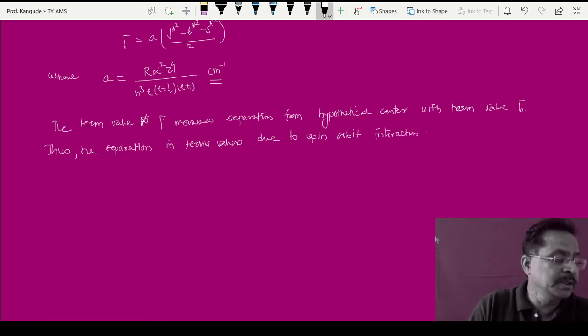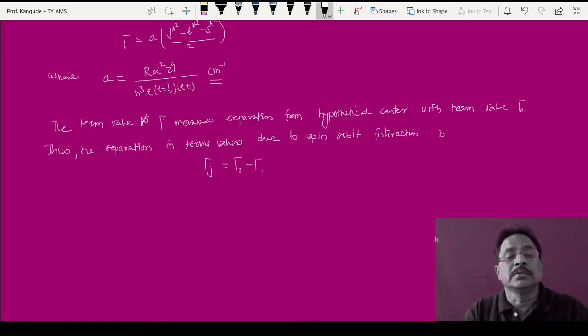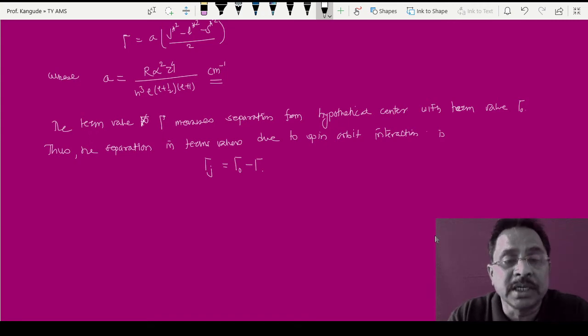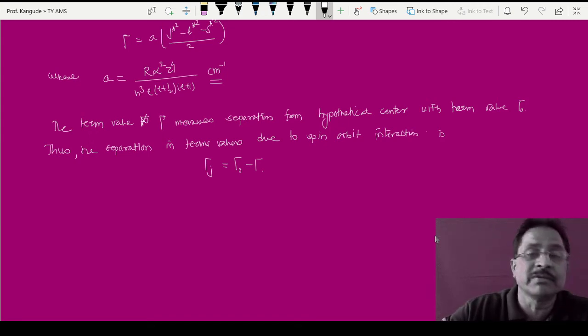Spin orbit interaction is, okay, this is gamma J is equal to gamma 0, the central value, minus this gamma. Okay, gamma 0 minus gamma. So try to understand what this is. Give a number to the above equation.